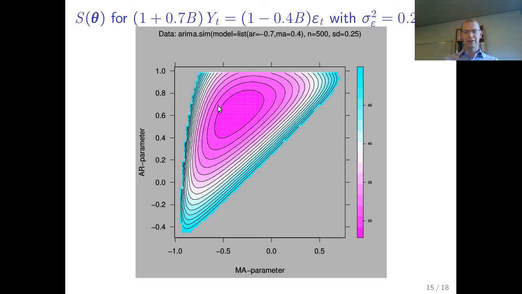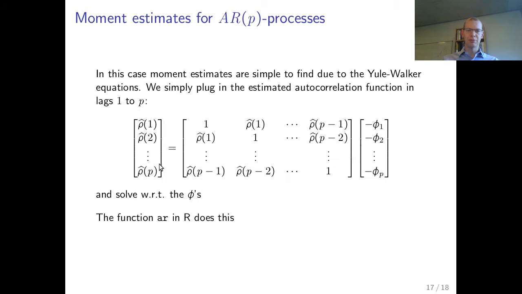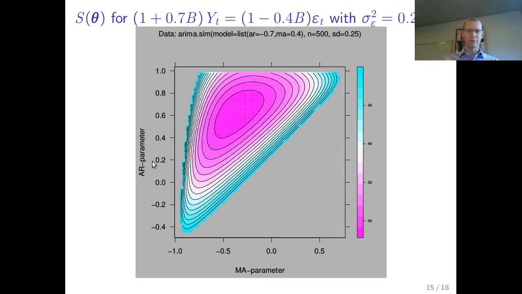In a case like this simple model where you have an AR1 and a moving average part of order 1 as well, with parameter AR is minus 0.7 and MA of 0.4, I've evaluated S of theta for a range of different values and just shown you here a contour plot. And you can see that the true value is actually in here.